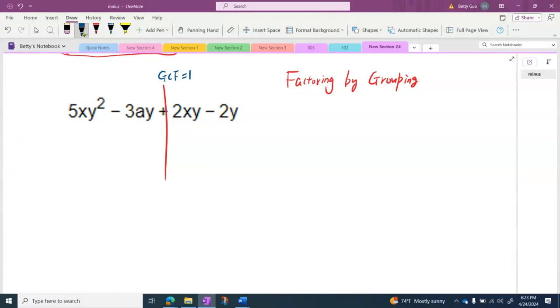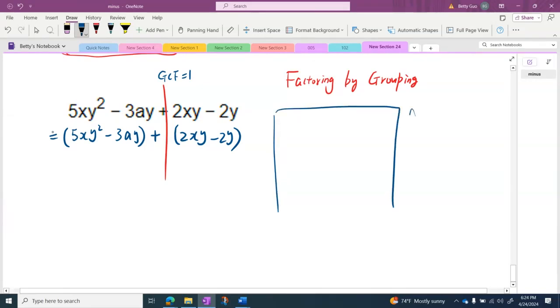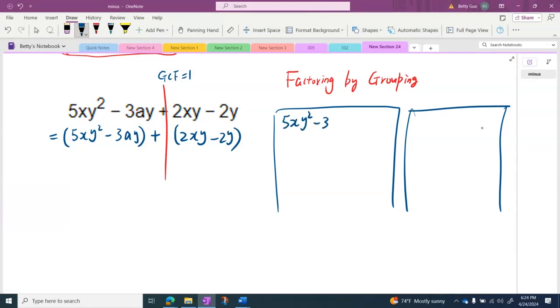Okay, so we're going to have the first 2 a group, and the second 2 terms, the last 2 terms a group. So 2 groups. And then we're going to draw 2 boxes. The first box, we're going to have the first group, 5xy squared minus 3ay.